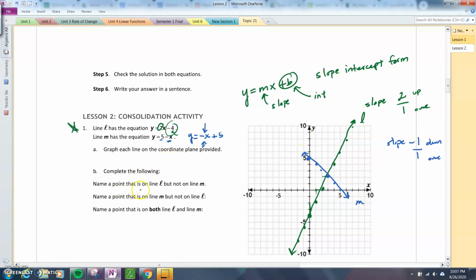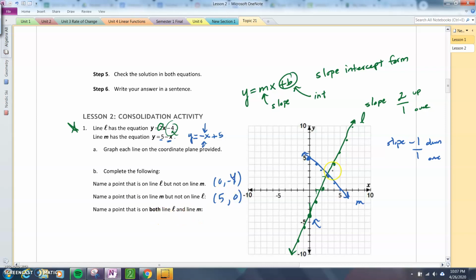Complete the following. Name a point that is on line L but not on line M. Well, let's check here. I'm going to use this point right here. One that's on line L is point 0, negative 4. One that's on line M is 5, 0.